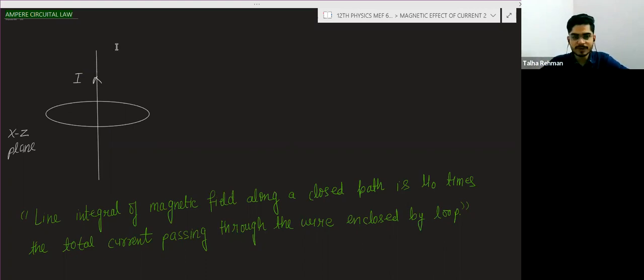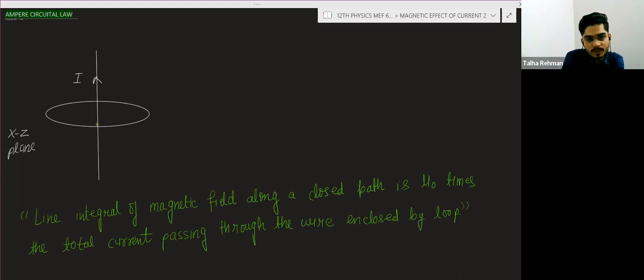If you have a straight wire carrying current in the upward direction, you should consider a circular Amperian loop.